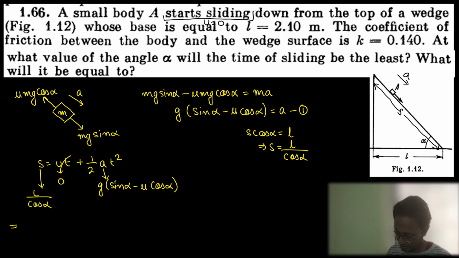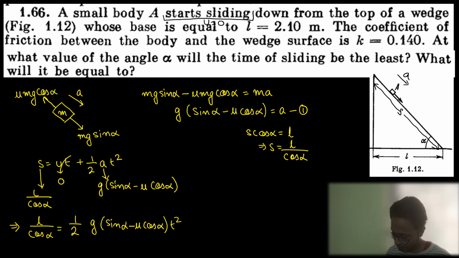So when we rewrite this equation, L by cos alpha is equal to half g into sine alpha minus mu cos alpha times t square. So to isolate the time t, because you are solving for time, you have to minimize the time t square.